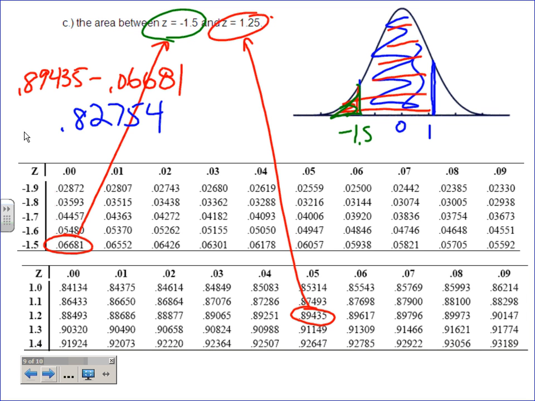No more work needed. So do you see how nice this is? It just gives you the answer, basically. And that's why we're going to take stuff that's not normally distributed, and we're going to try and work it towards something that is, so we can do this. What's going to make it dependent on that is how big our sample is. If your sample's big enough, you can do this, and you don't have to worry about it.